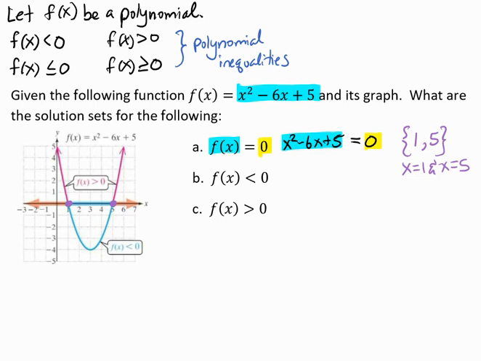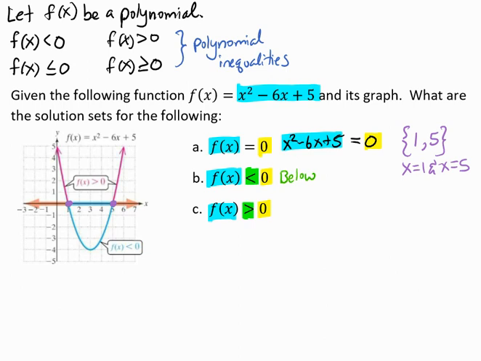Now, in order to find where f of x is less than 0 and where f of x is greater than 0, we need to determine the intervals over which our function is either negative or positive. So where is it above the x-axis and where is it below the x-axis? For less than, we're looking at where our graph is below the x-axis, because we are trying to be less than 0.